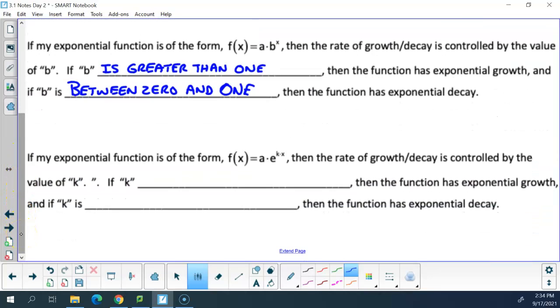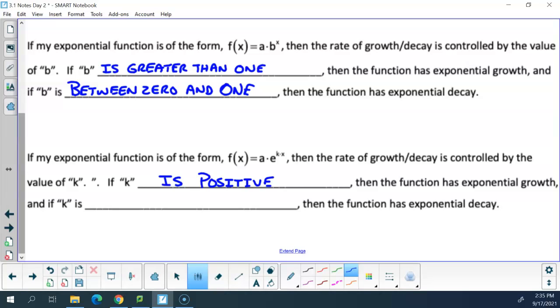If my exponential function is of the form f of x equals a times e to the kx power, the rate of growth or decay is controlled by the value of k. If k is positive, then the function has exponential growth.